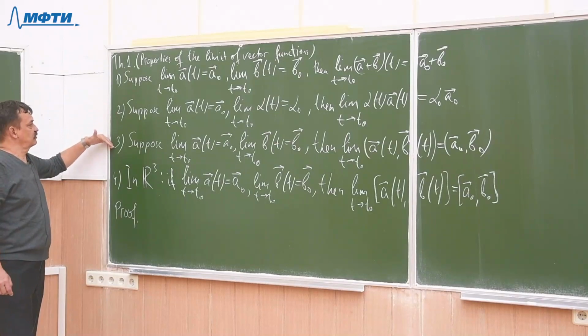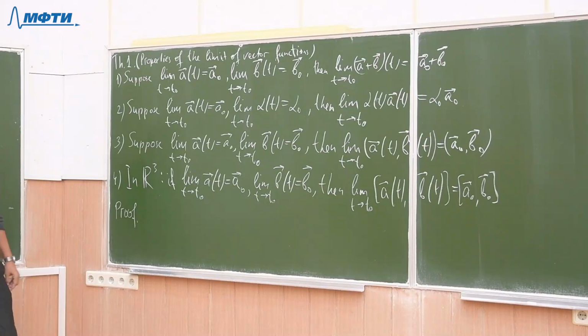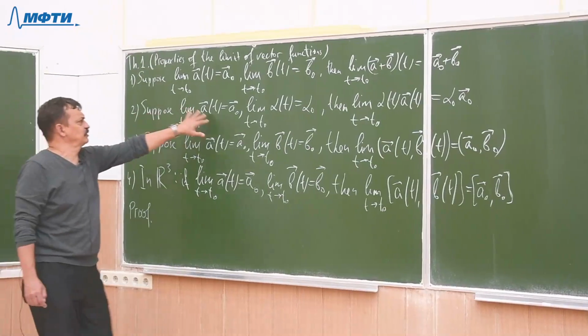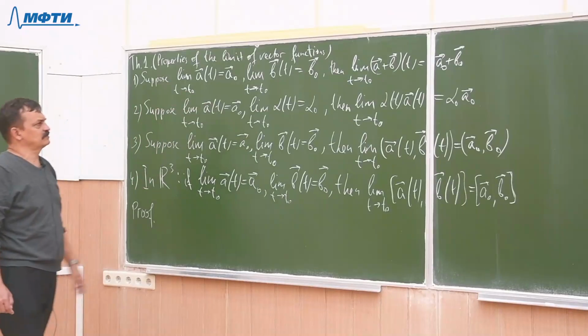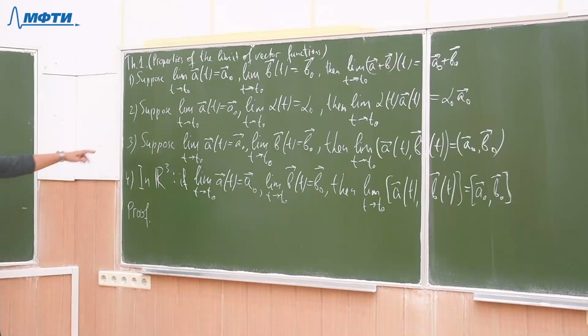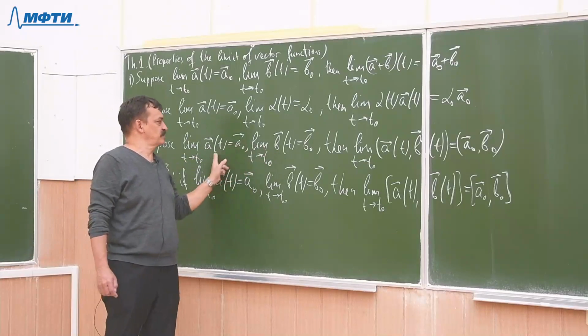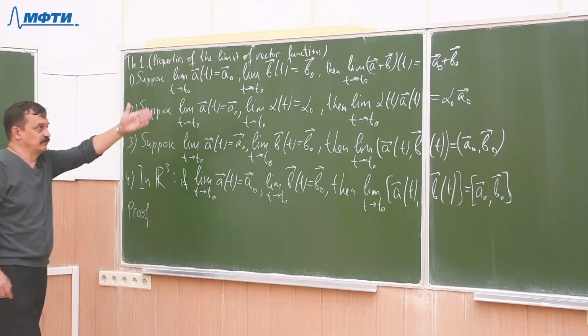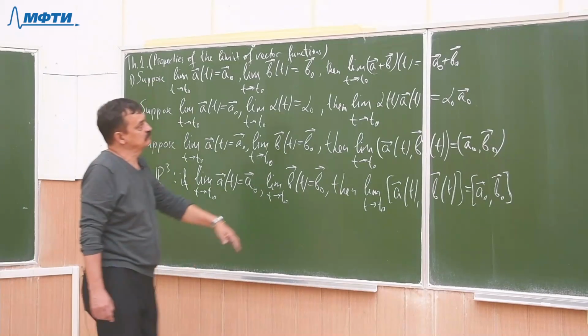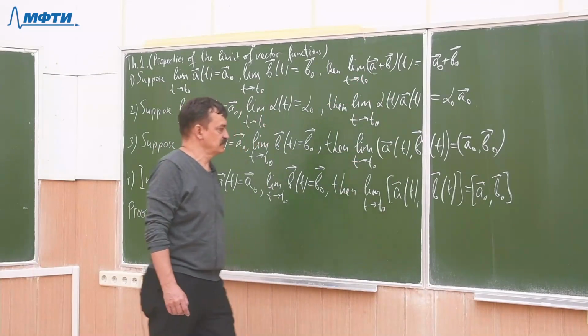First, second, third, they should be in Rn. Sorry, for the second we don't need to suppose anything else. And for the first and third we need to suppose dimensions are the same. Otherwise we cannot form the sum or scalar product.